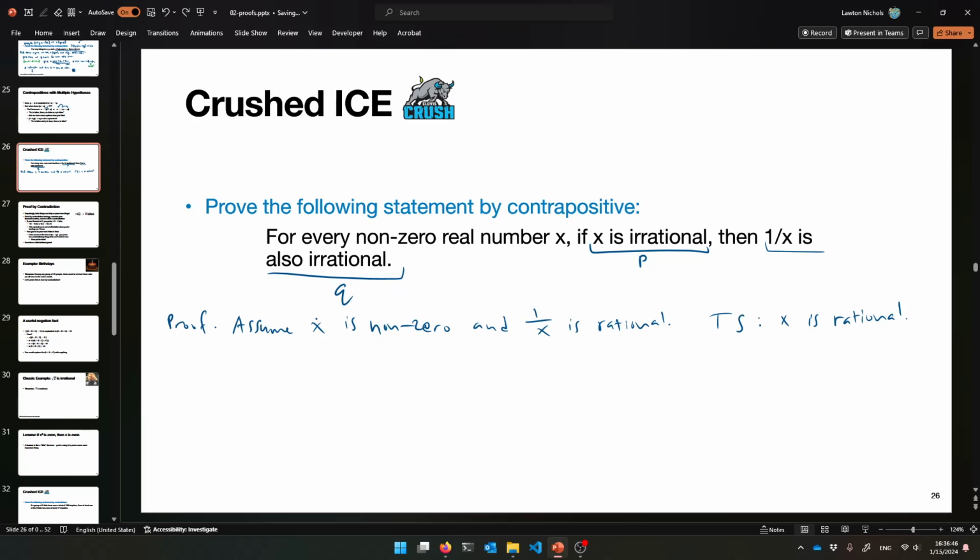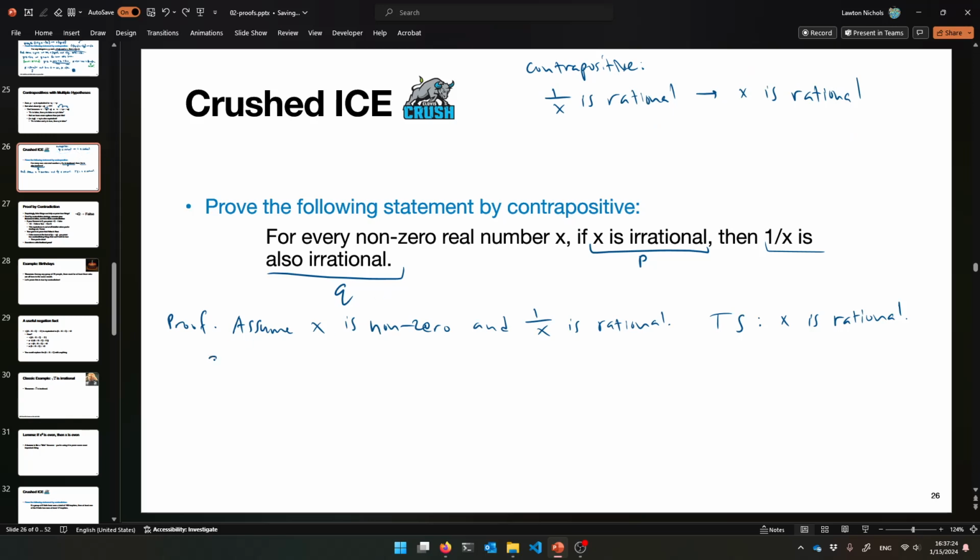First, we computed the contrapositive: 1 over x is rational, the negation of Q, implies x is rational. That's the contrapositive. We're assuming this right now, and we're trying to prove this.